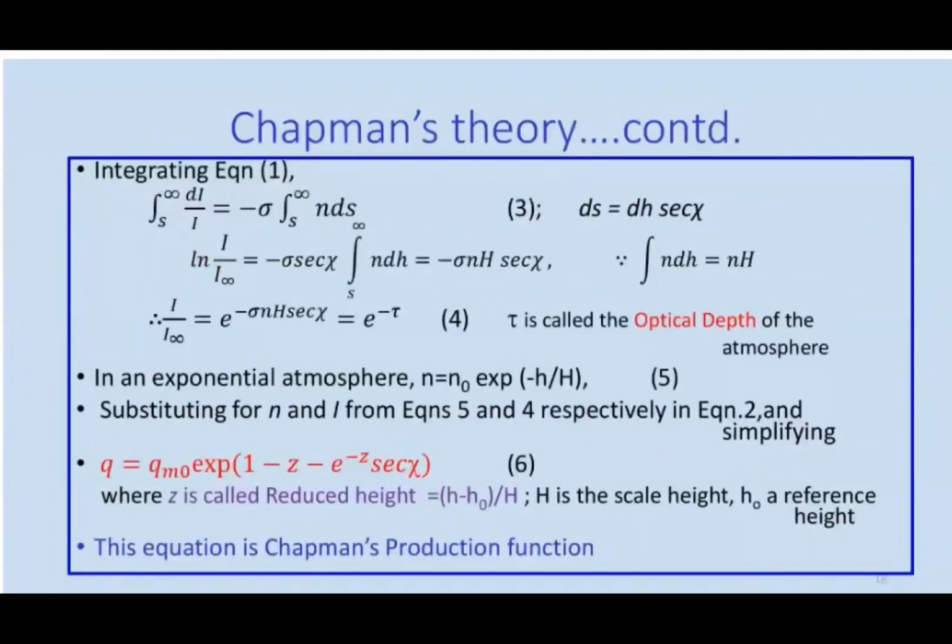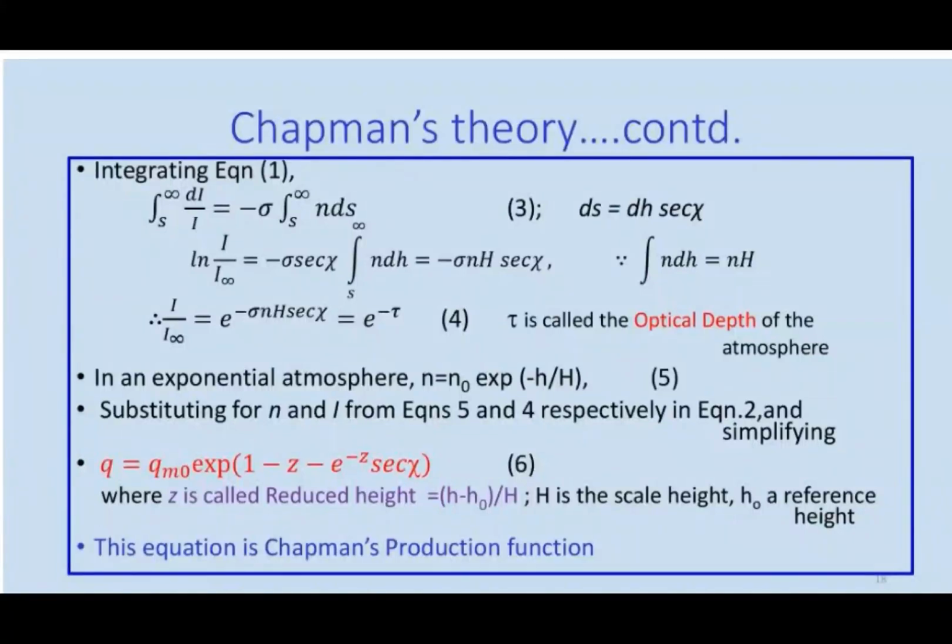Now we do some mathematical juggling with all this, and apply some geometrical relation, that ds is equal to dh into secant chi, and then the concept that the total columnar density in the atmosphere from a given height up to the top, that is integral n dh, is equal to the density there multiplied by the scale height.